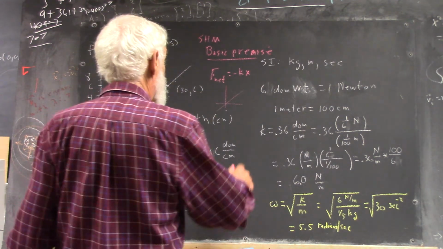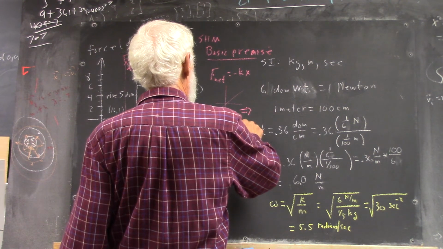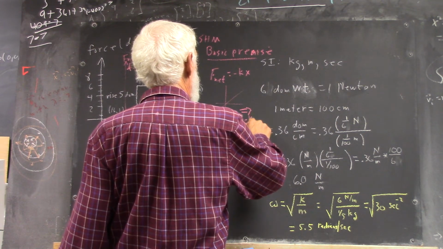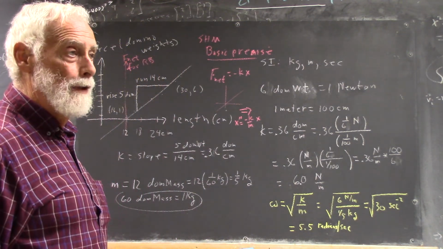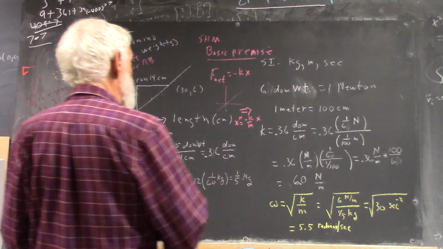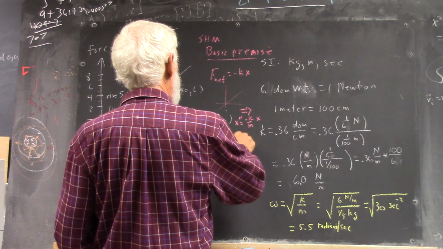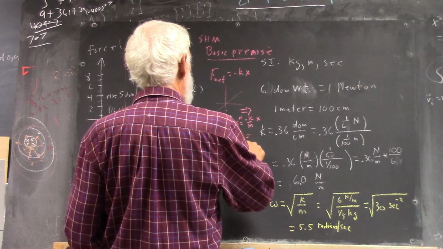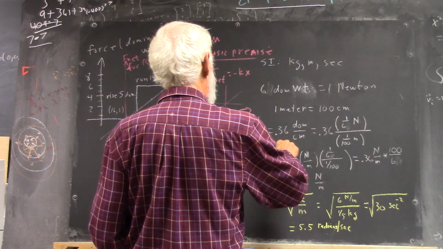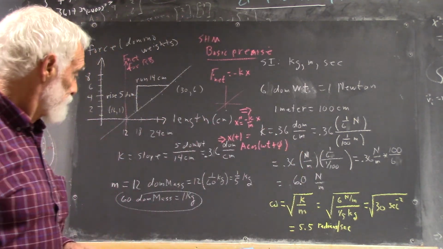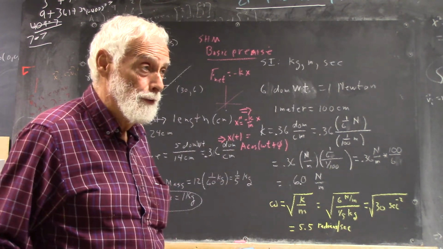And this implies that x double prime equals negative k over m times x, which implies that x of t equals A cosine of omega t plus phi. Now that's a synopsis of what we developed last time over a period of 45 minutes or something.